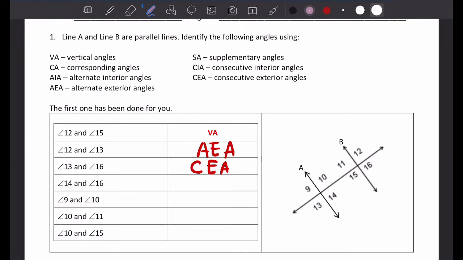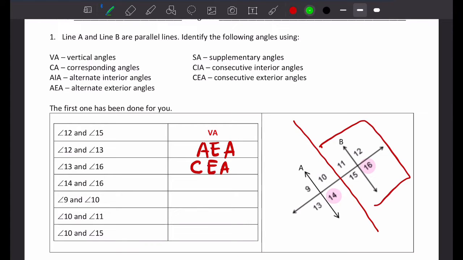The next one is 14 and 16. Now, if I divide this into two sets of intersecting lines, so that's one set, this is another set, okay? You will see that angle 16 and angle 14 are in the same area. See? Let's say I divide this into 4.